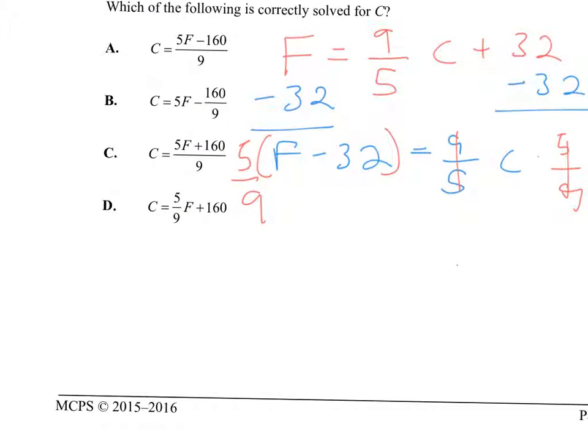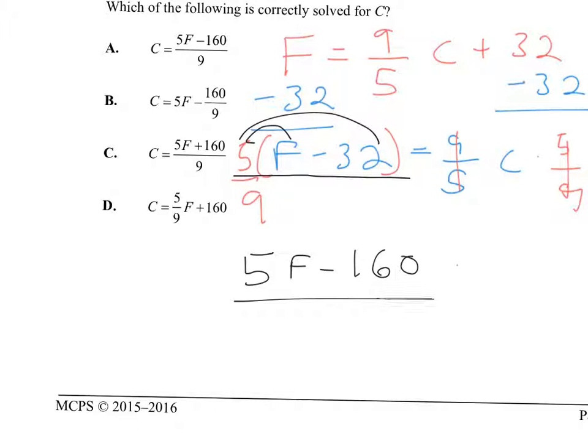So I'm going to distribute the 5, because I see that it's probably not B, because that's just 5. So it's like 9/5, so watch what I'm going to do. Okay, and then I'm going to distribute the 5, and it becomes 5F minus 160 over 9 equals C, and the answer is C.